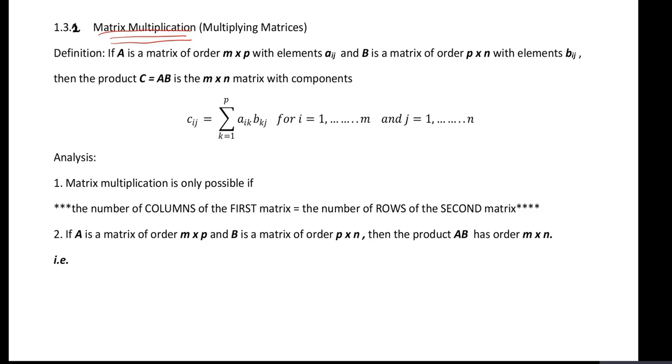If A is a matrix of order M by P with elements a_ij, and B is a matrix of order P by N with elements b_ij, then the product C equals A times B is an M by N matrix with components c_ij equal to the sum of a_ik b_kj, where i goes from 1 to M, j goes from 1 to N, and k goes from 1 to P. I'm sure that is pretty straightforward for you.